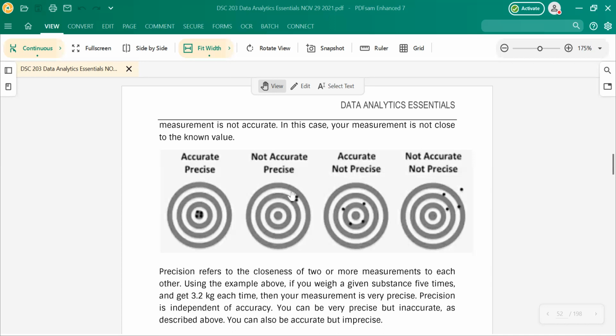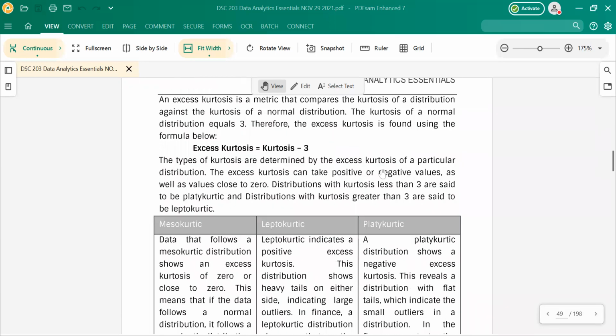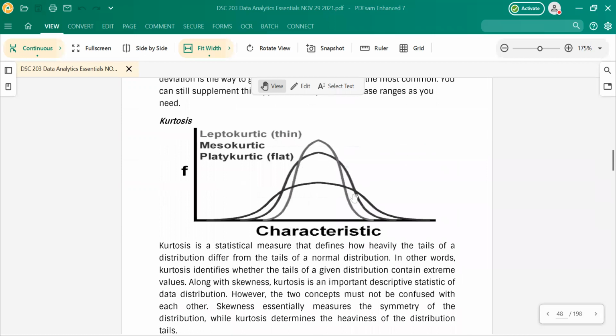Precise means standard deviation is less. Accurate means your average is the same. If a process is accurate, that means your average is the same. Now, if you take this example that we discussed here, in this case, all three processes have the same average.